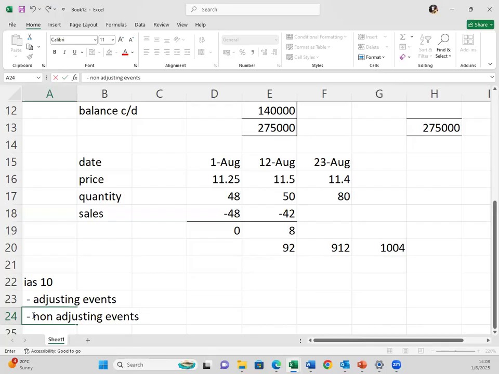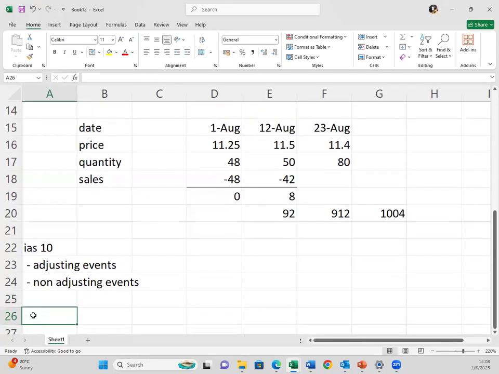What these events have in common, they are all being found after the year end. So if the year end is 31 December, it means these events are occurring after 31 December. If it's 31 December 2014, then the adjusting events, we get to know of them after that date.